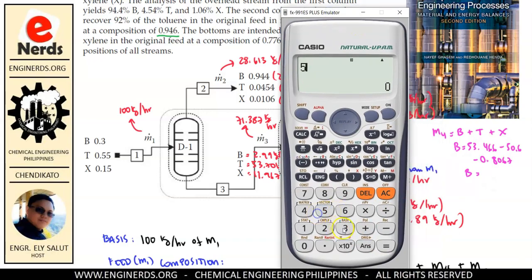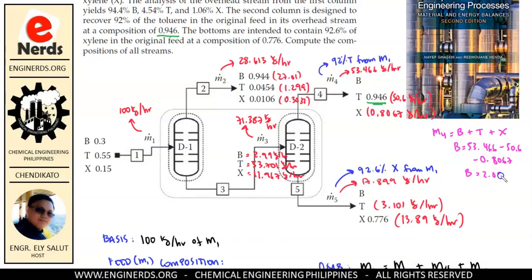We have 53.466 minus 50.6, then minus 0.8067. So we have 2.0593 kilogram per hour. So therefore, our benzene here is equal to 2.0593 kilogram per hour.